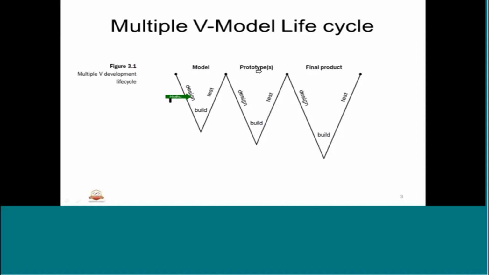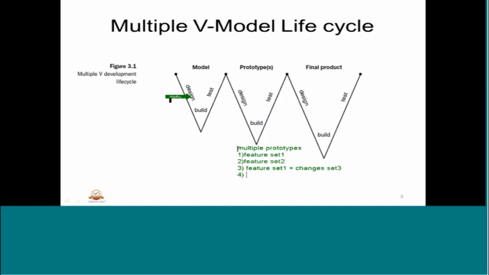Because there could be multiple prototypes: the first prototype having feature set 1, the second one having feature set 2, and the third one could be having feature set 1 plus some changes, or you can call it set 3.